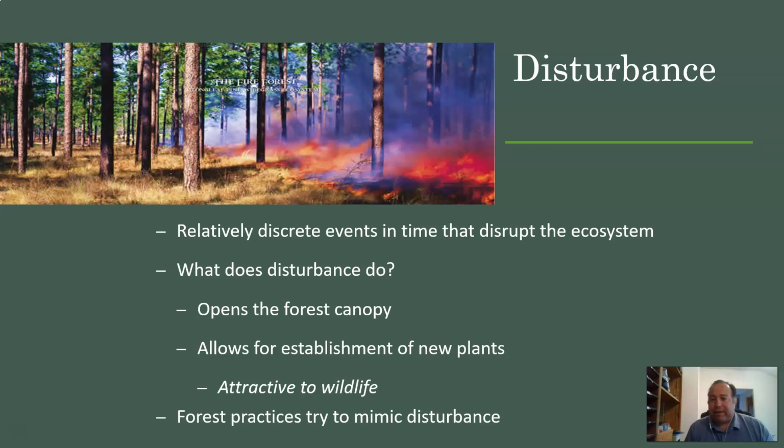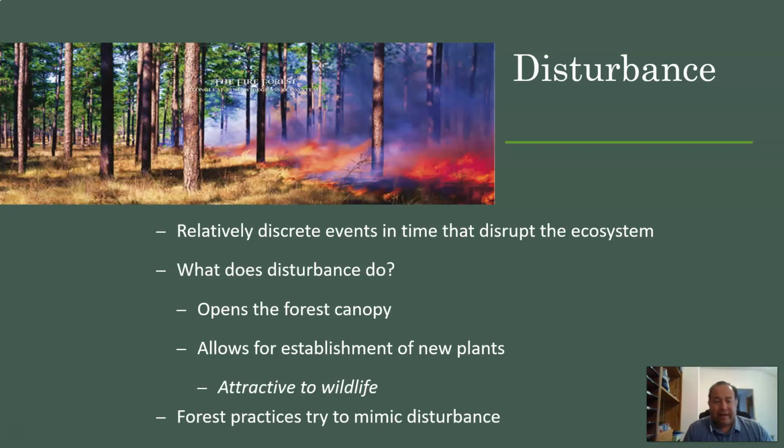Let's then talk about the idea of disturbance, because we said that succession is what happens after a disturbance. So what's a disturbance? A disturbance is a relatively discrete event in time that's going to disrupt the ecosystem. A forest fire is usually the easiest example for most people to understand in terms of a disturbance.